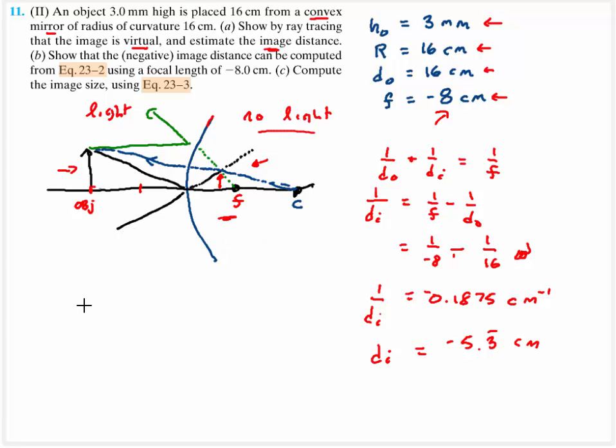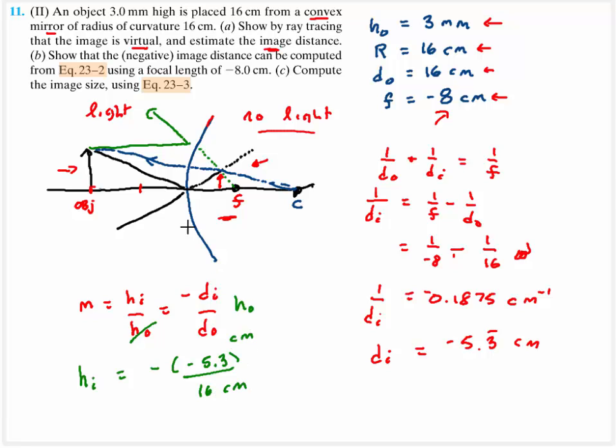Now if I'm interested in the image height, I know that the magnification is the height of the image divided by the height of the object, which is also equal to negative the distance to the image divided by the distance to the object. I'm interested in image height, so I'll move the height of the object up there. The height of the image is going to be equal to negative 5.3 centimeters, divided by the distance to the object, which is 16 centimeters.